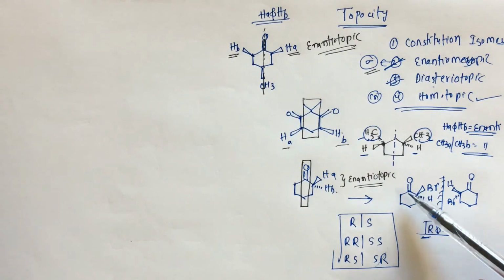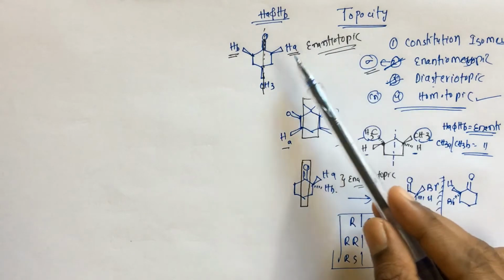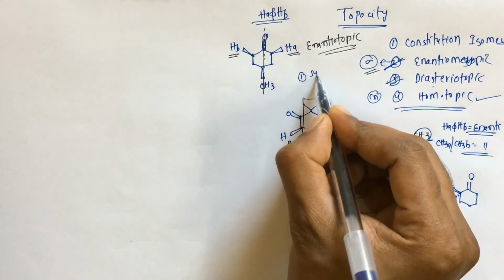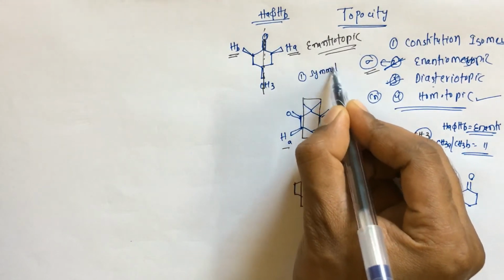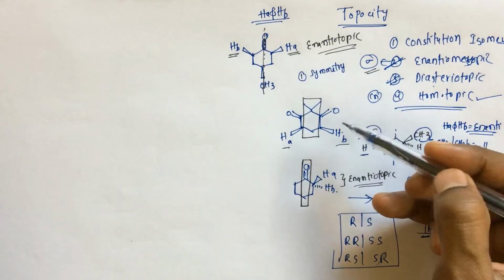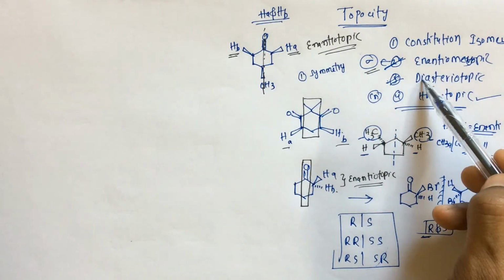As I explained yesterday, if you want to identify the relationship between any two hydrogens, you just need to follow two criteria. The first one is the symmetry criteria, which is a preliminary test. By looking at symmetry, you can get a confirmation whether it's enantiotopic, diastereotopic or homotopic.